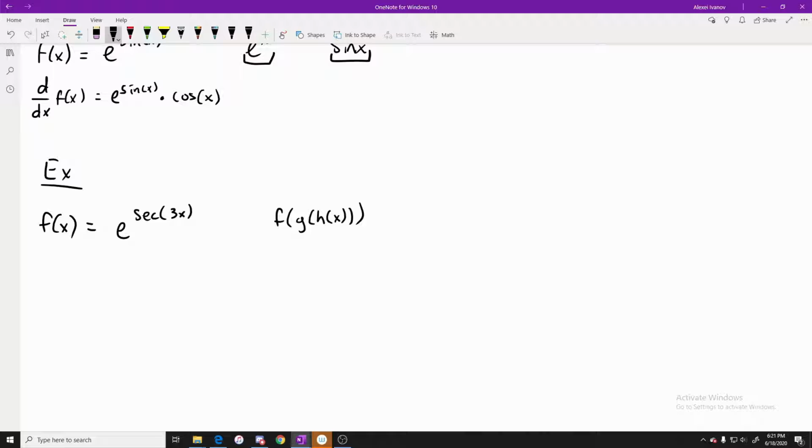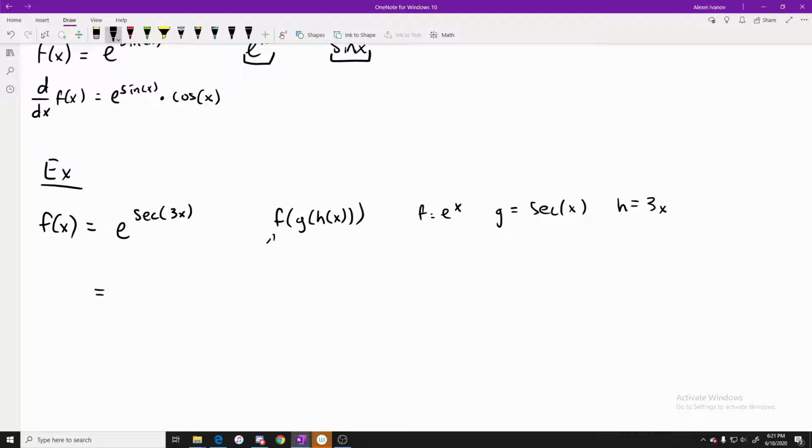Where the outermost function f would equal e to the x in this case, g would equal secant of x in this case, and then h would equal 3x. So we can see how these three functions are composed now, and we're going to have to apply a few chain rules, not just a singular one. But the process remains the same.